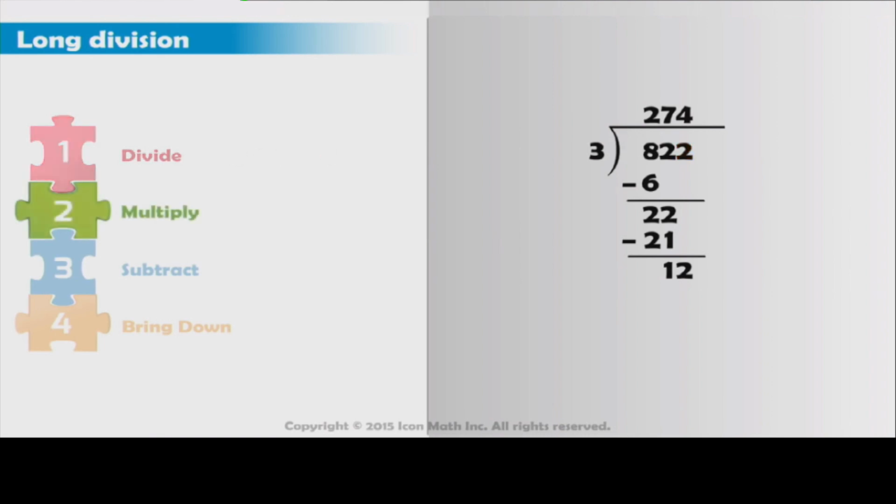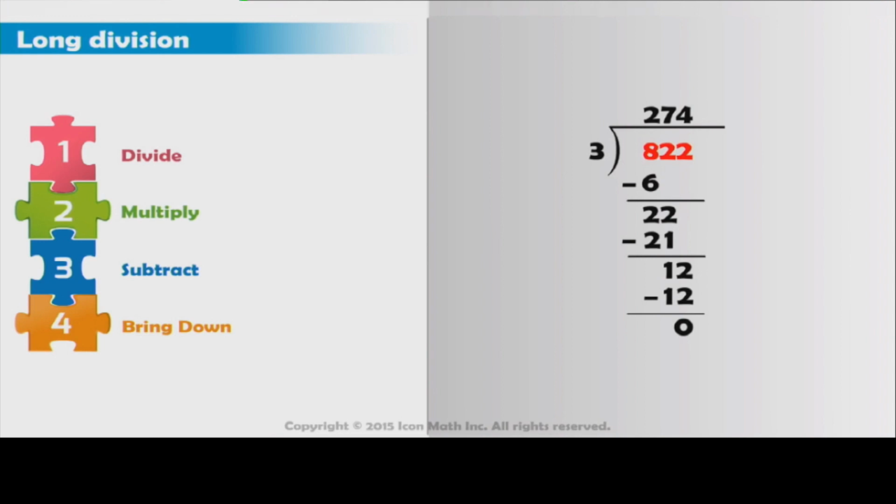The second step is to multiply. 4 times 3 equals 12. The next step is to subtract. 12 minus 12 equals 0. Notice that we've used all of the digits from our dividend.